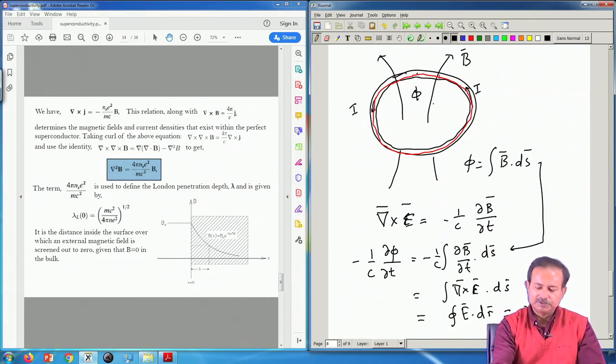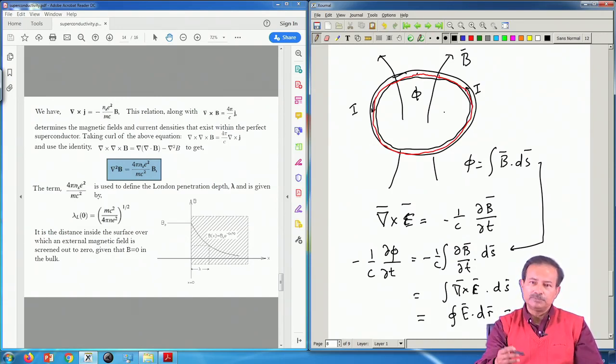Now, from simple Maxwell equation and the fact that the electric field inside the superconductor is 0, I can show easily that the flux has to remain constant. It is also the other way around. Suppose I started with a flux which is 0 and I wanted to put a magnetic field, then the flux will keep remaining 0, because there will be a current generated that will try to keep the flux as it is.